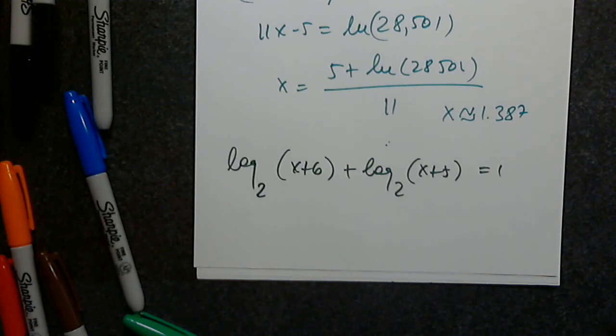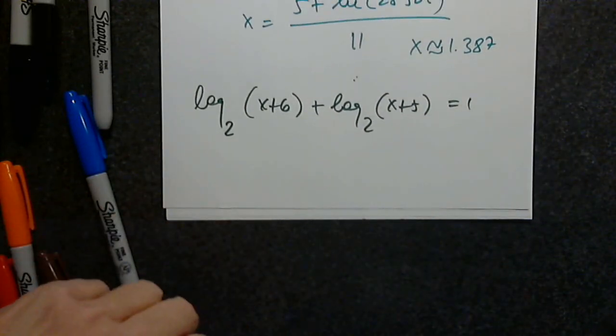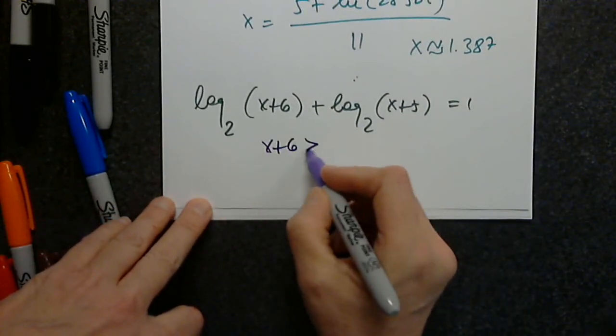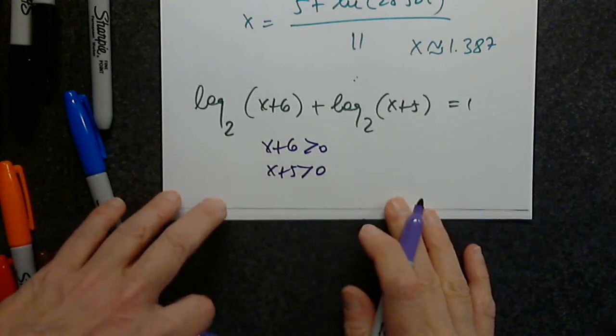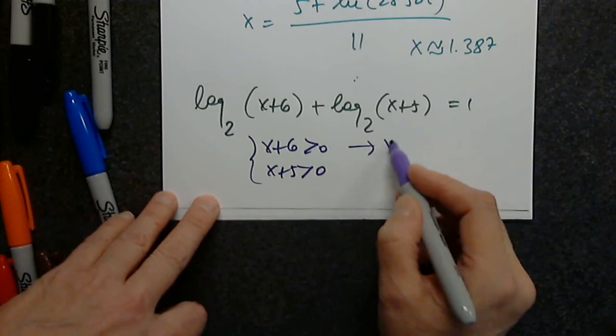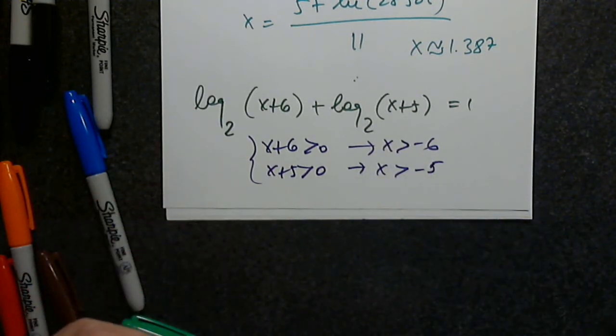Okay, so what do we do with this? Please state the domain first. So x plus 6 positive, x plus 5 positive. That means x greater than negative 6, and this one means greater than negative 5.